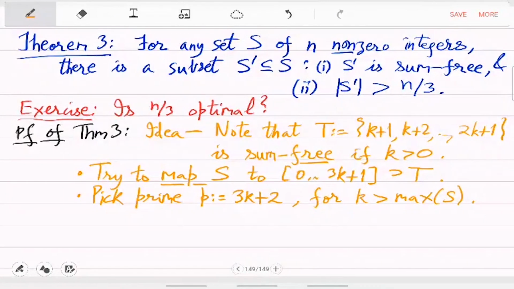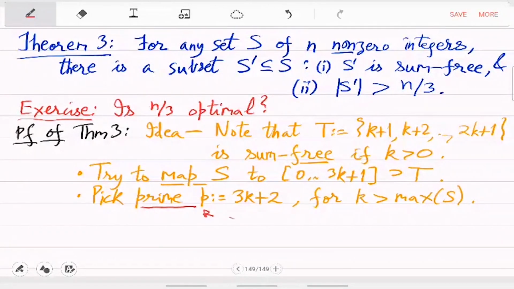Advantage of mod P arithmetic is that you can, for example, now multiply, you can try to scale up numbers in S. You multiply each number with some number r, and then modulo p bring it back to this range 0 to 3k plus 1, and map S to R dot S mod P. Okay, this is what we will do.